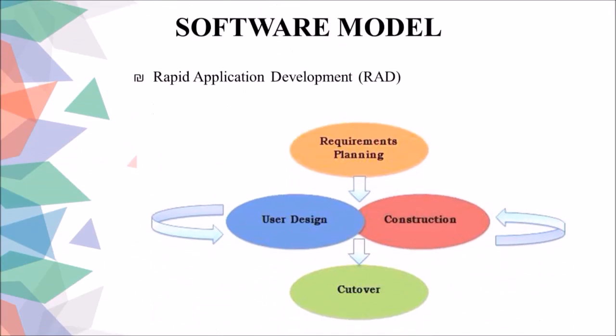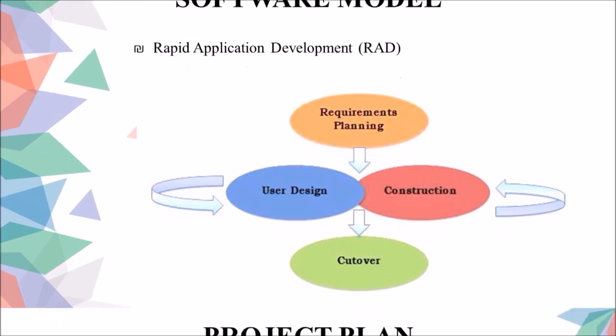Rapid application development, a method of software development which focuses on building applications in a very short amount of time. It was based on the concept between prototyping and iterative development. The RAD model consists of 4 phases: requirements planning, user design, construction, and cutover.